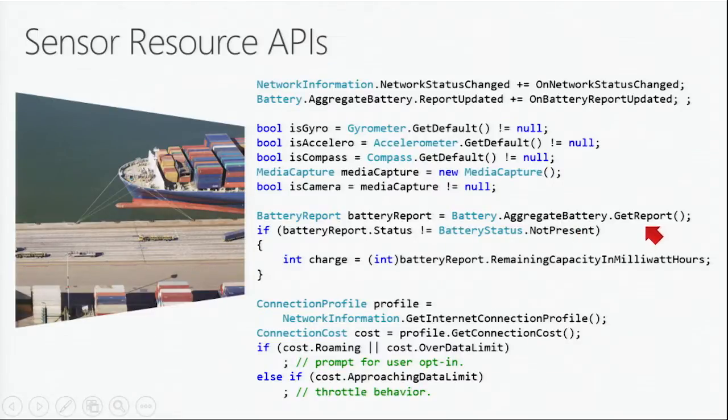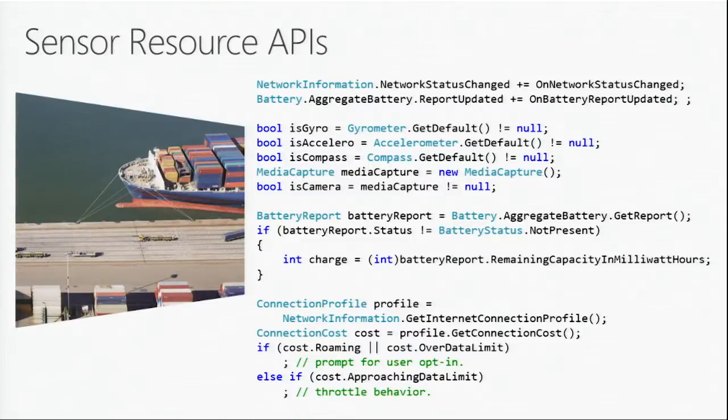Battery, here's another example. Get the battery report. It could be that there is no battery, in which case we're not going to get any capacity, but if there is a battery, we might want to look at the capacity and see how much charge we have left. And then we can use that to decide whether or not we want to do some operation that we know is very energy intensive. Network connectivity.